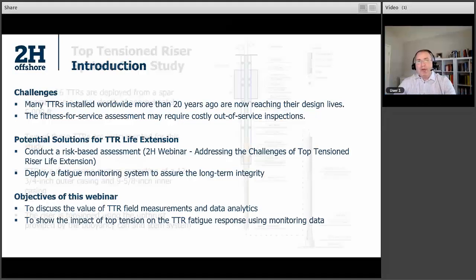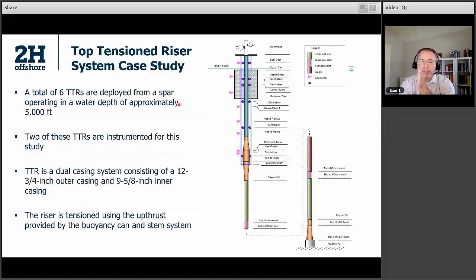TTRs provide production conduits from the seabed to the topside facility, and permit workover operations on the wells. You can see a schematic of a TTR here. In this presentation, I'm going to talk about a case study. In this case study, there are top tension riser systems deployed from a spar operating in a water depth of approximately 5,000 feet.